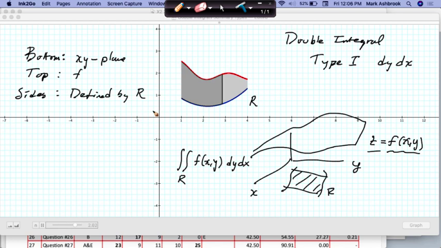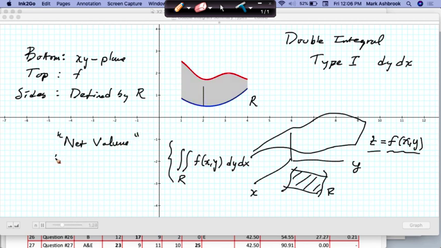Then you get this volume where the top is the surface, the bottom is the xy plane, and the sides are defined by R. But it doesn't necessarily. What we can always say is that it finds what we call net volume.